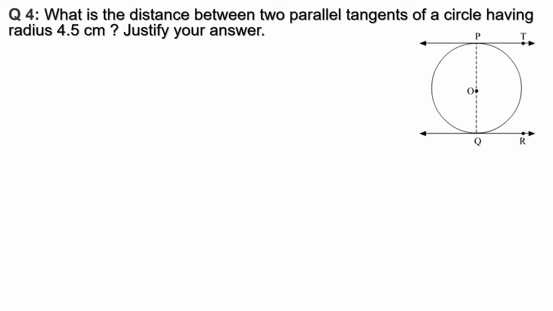If radius is 4.5 cm, it means that PO is 4.5 cm and OQ is 4.5 cm. So obviously 4.5 plus 4.5 will give 9 cm. This you have to write down properly.